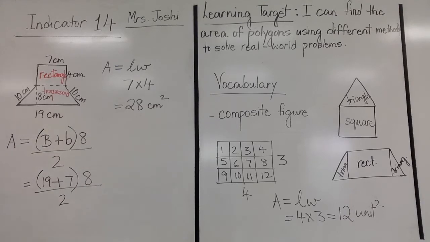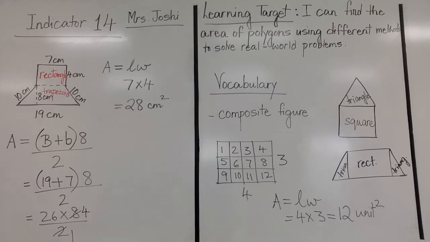So 7 plus 19 gives me 26 times 8 divided by 2. I can straight up simplify. This is 1. I could have done it here or here, either of those. But if I do this, I get 4.